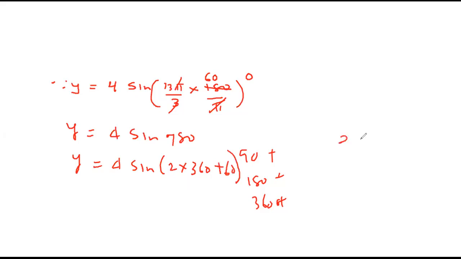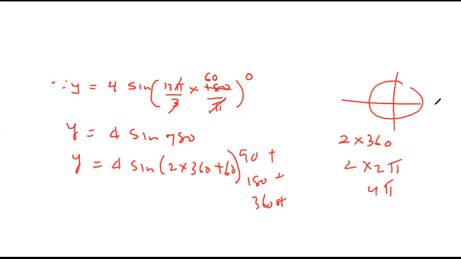Now 2 into 360 means actually 2 into 2 pi, that means 4 pi. 0, 2 pi, 4 pi are same position. So 4 pi plus 60 means I am in first quadrant. In first quadrant, sine, cos, tan all are positive.